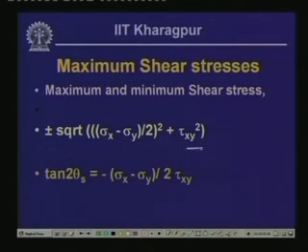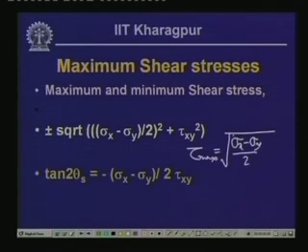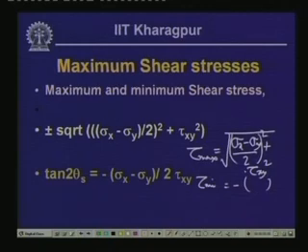Tau max is equal to square root of sigma x minus sigma y by 2 square plus tau x y square, and tau min is equal to minus of that quantity, and the angle which can be evaluated from the normal stresses and the shear stresses, this gives us the plane on which the shear stresses will be maximum and minimum.